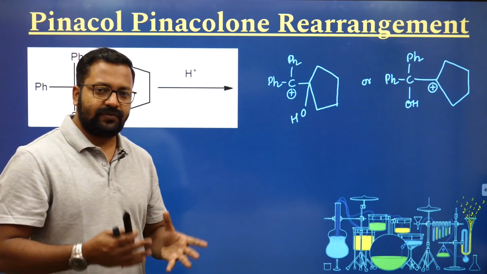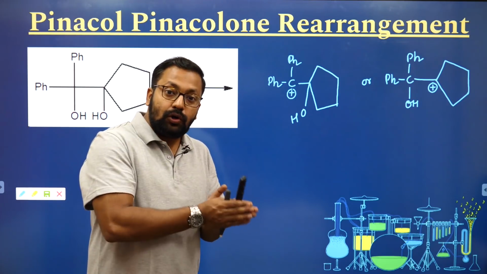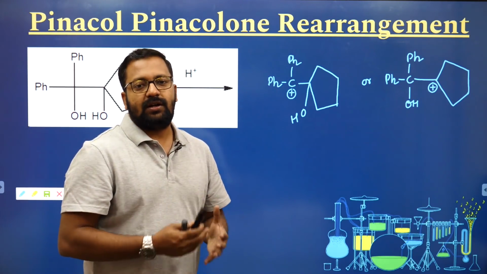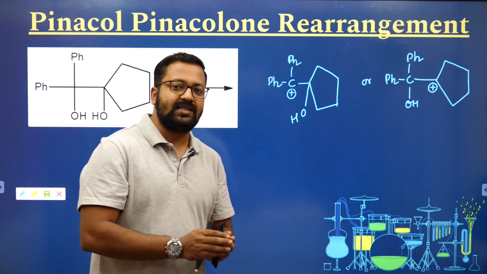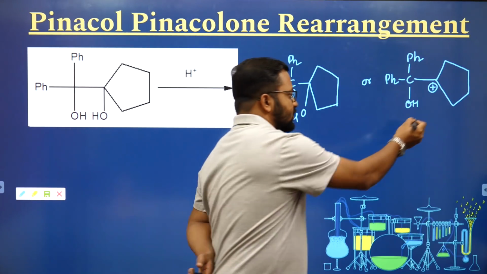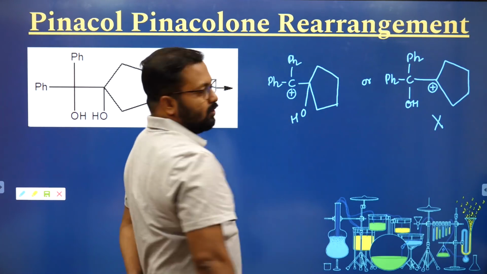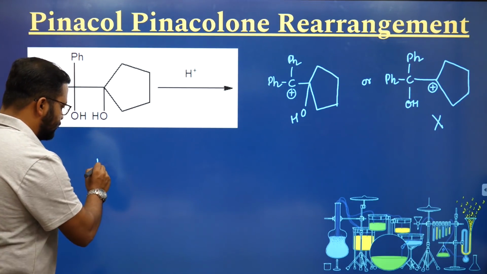It causes a lot of strain, and in the GOC series this must have been taught to you under Baeyer strain theory. So rings smaller than 6-membered would not want to acquire a positive charge. So this is not formed, this is formed. Now what will happen?